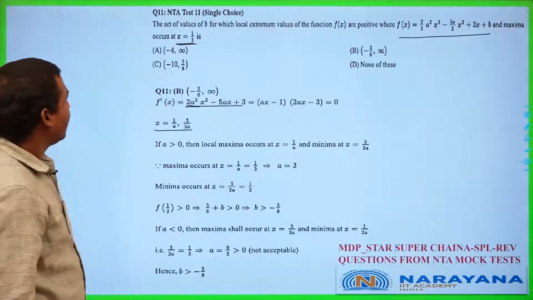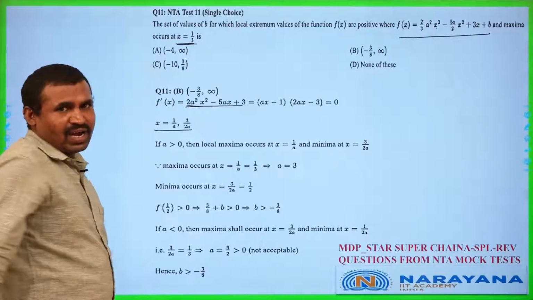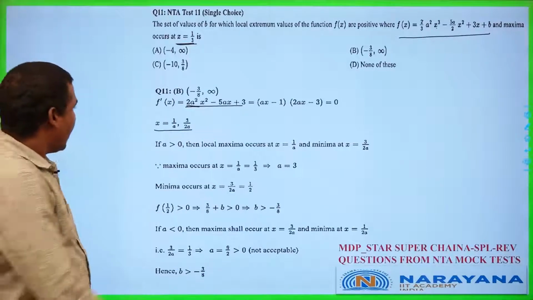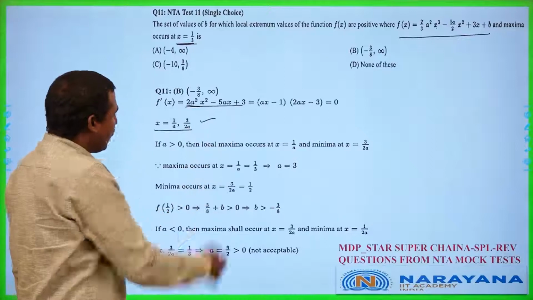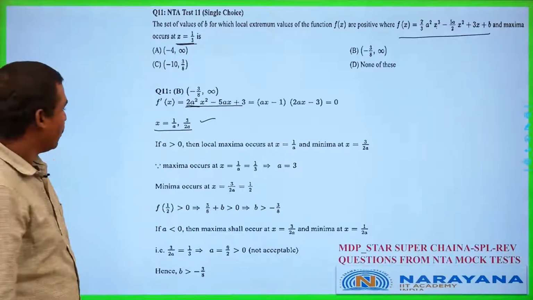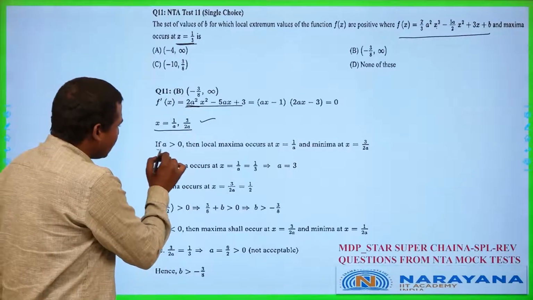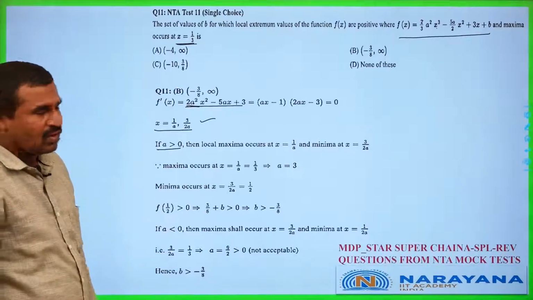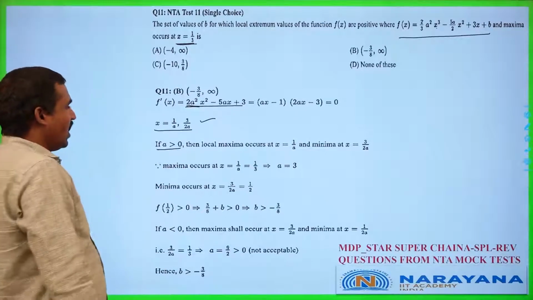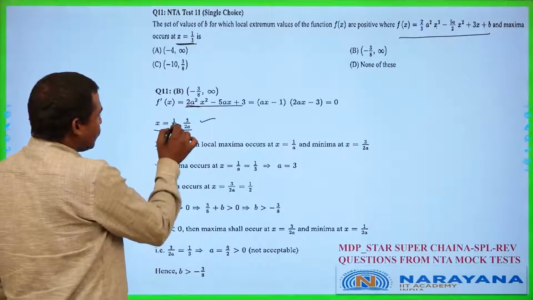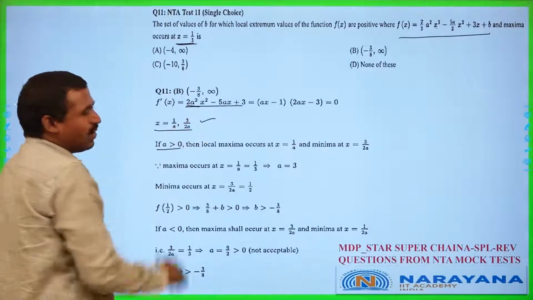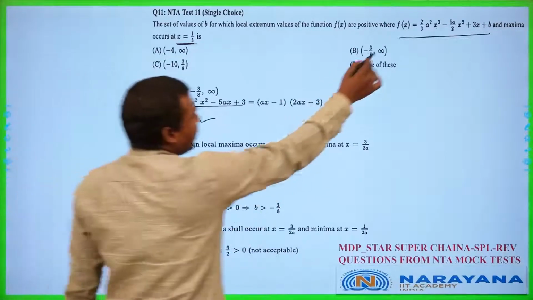We know that the maximum or minimum values occur at critical points, and here 1 by a and 3 by 2a are critical points. So, if we take case 1, a greater than 0, then 1 by a is less than 3 by 2a, and it is a cubic equation.